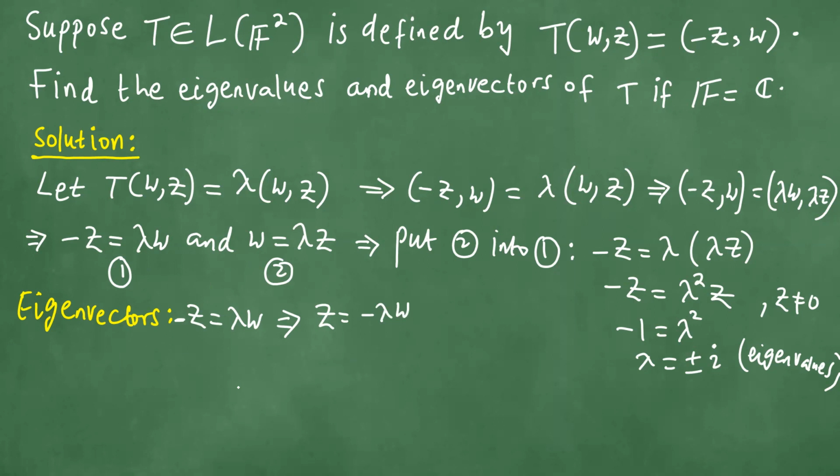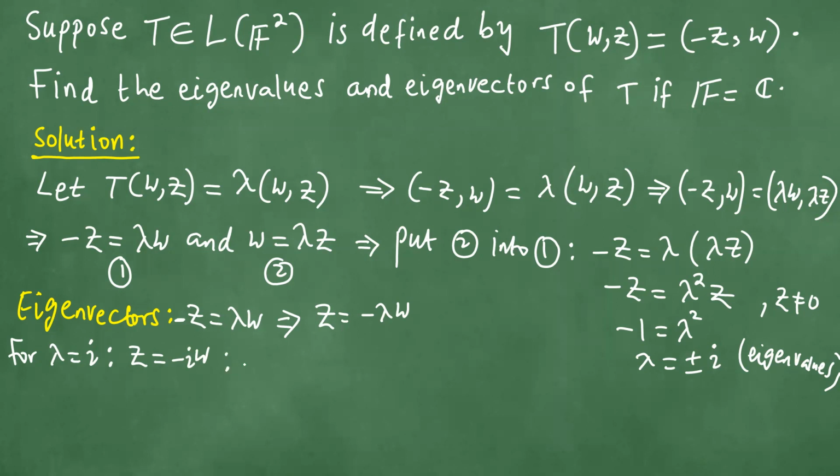So we have two cases. For λ equals i, we have that Z equals −iW.